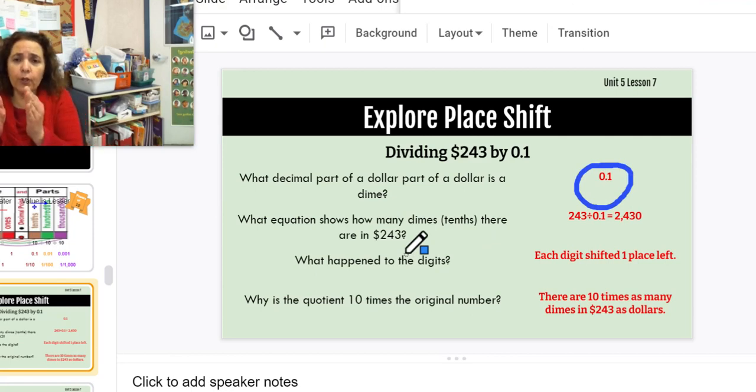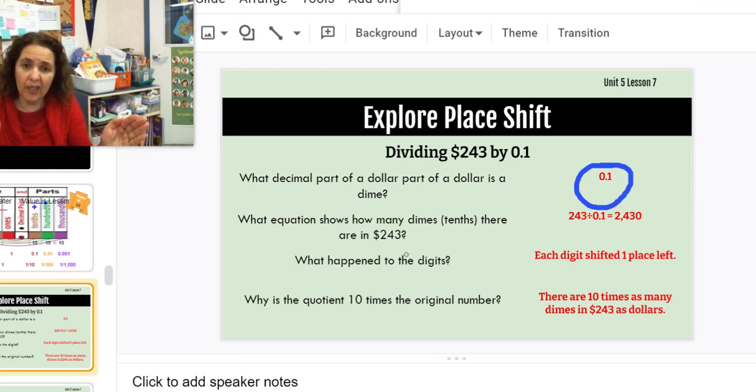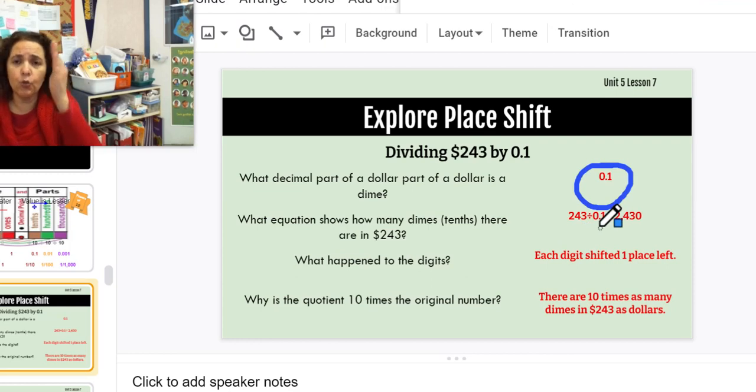You have 243 and you're breaking apart the dollar bills into dimes, right? So how many dimes are in a dollar? 10, right? So basically what you're doing is each of the numbers is going to be shifting. You're dividing it into tenths, so you're going to get more. It's going to become 2,430.